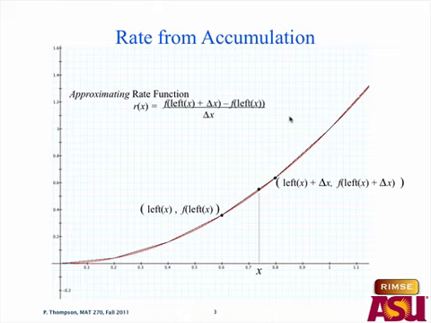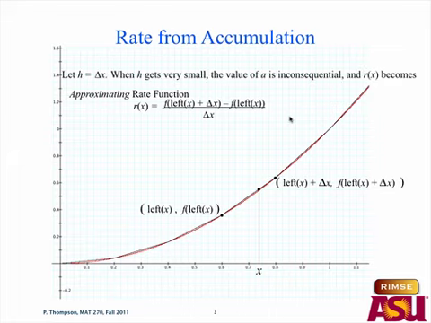Okay, remember this? But what was our goal? Our goal was to get the exact rate function. So the key to that is let our delta x get very small, and let these intervals get very small, and then these average rates will do a better and better job of mimicking the actual accumulation function.